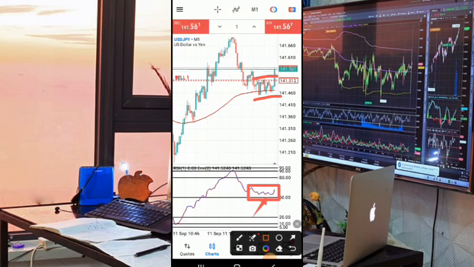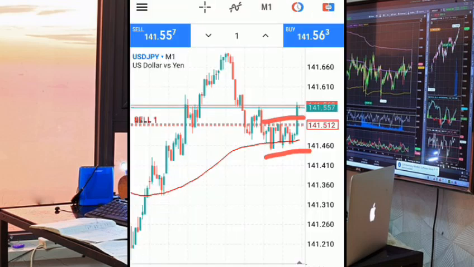Remember, I said if ever we're going to place our trades, we have to make sure that we put our stop loss somewhere. So if you see that price came to touch the 80 line level at this point over here, it means it was just somewhere at this point.